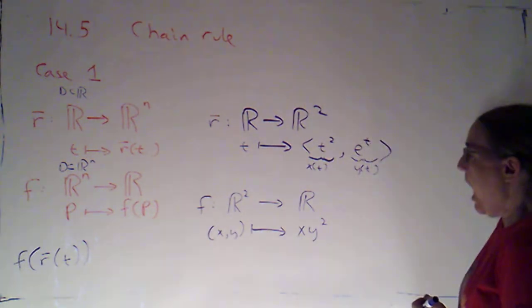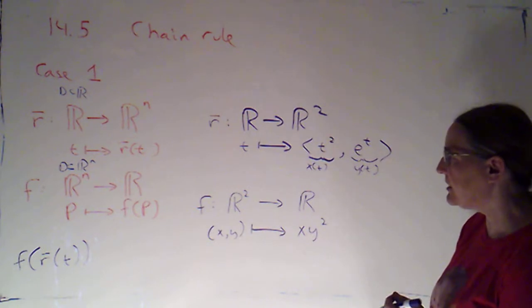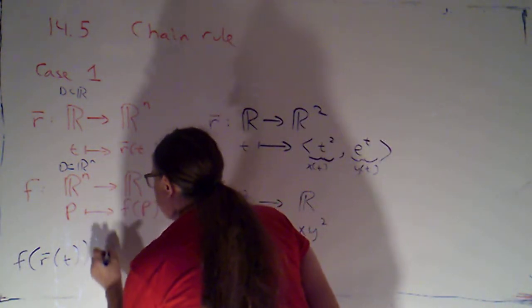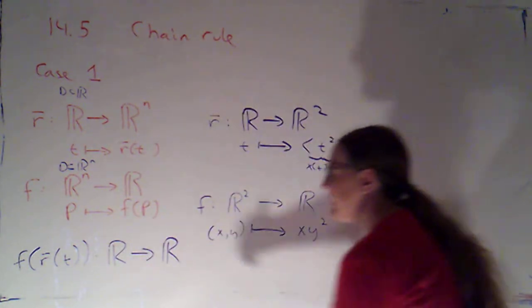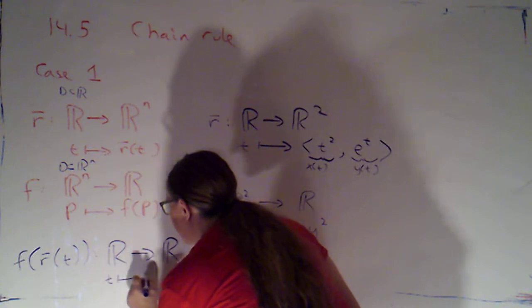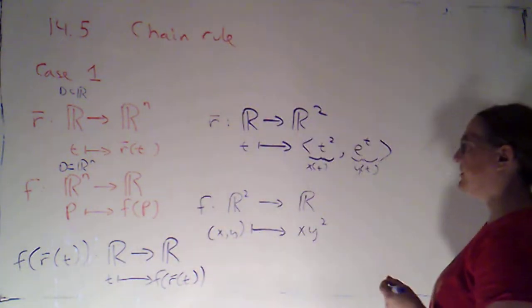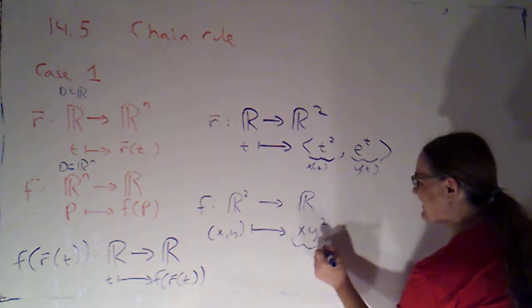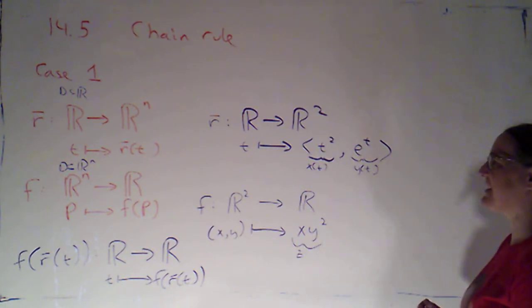Okay. All right. So if I look at f of r of t, that's going to be a function that maps from R to R. It would map a t value to f of r of t. Now here I might be thinking of this as my z value for this particular function.